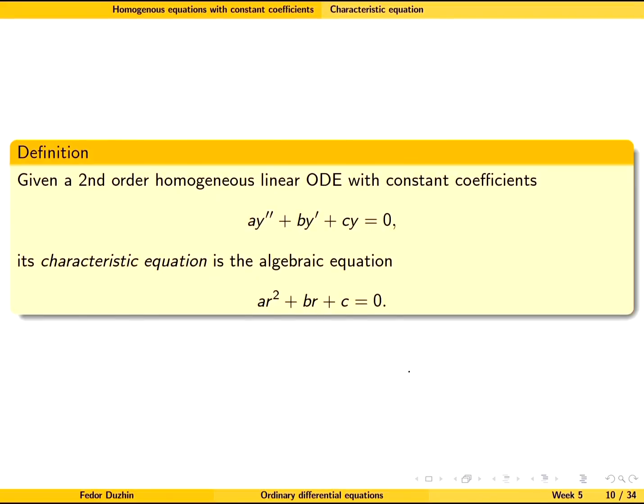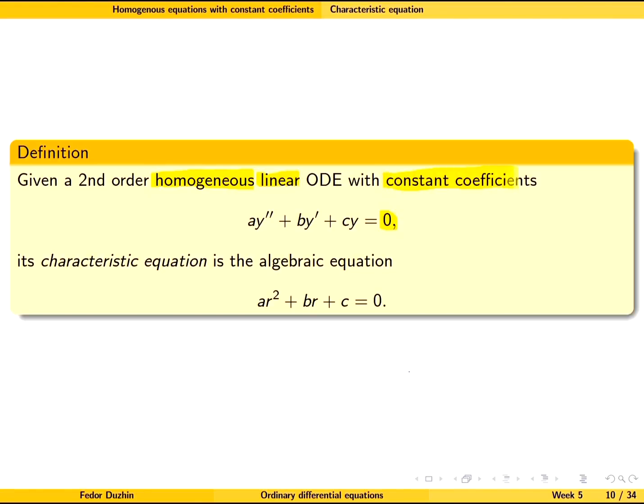Well, and here is the definition, right? This definition kind of mimics the process that we just went through. So given a second order homogeneous linear ordinary differential equation with constant coefficients, this is very important, by the way. All these words are important. It has to be homogeneous, so that the right hand side is 0. It has to be linear, so it has the right structure.